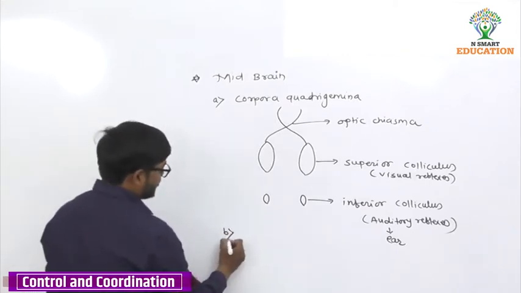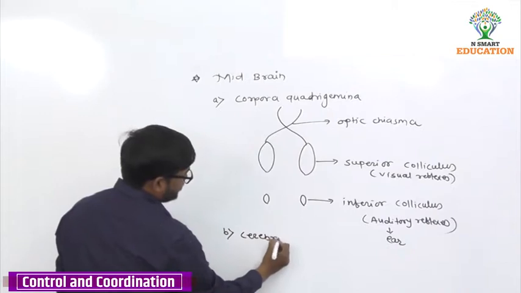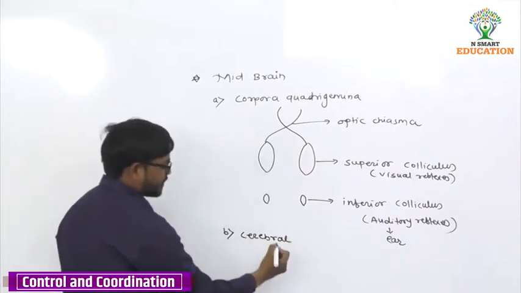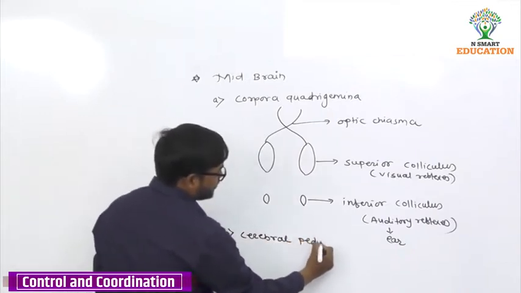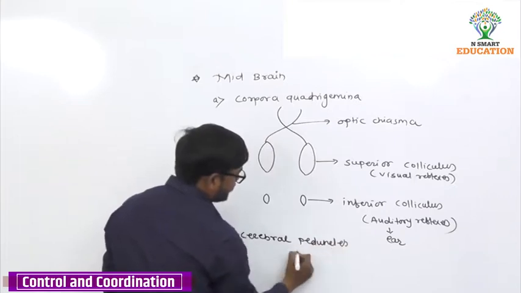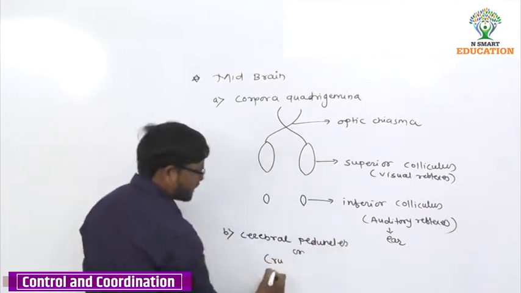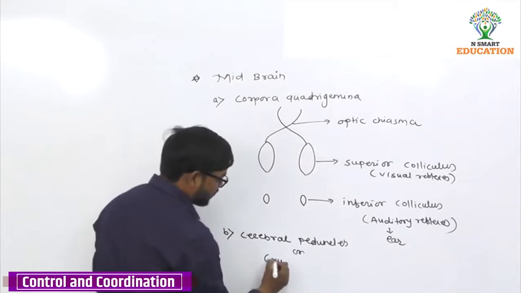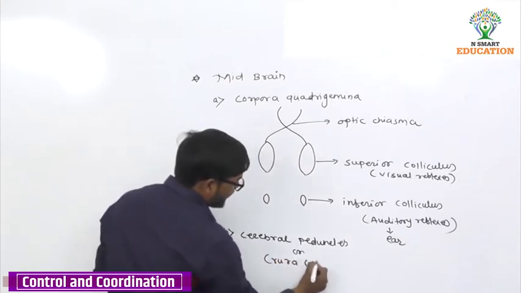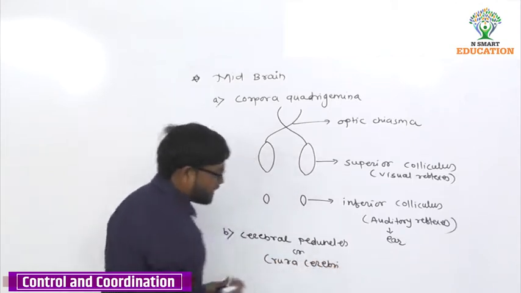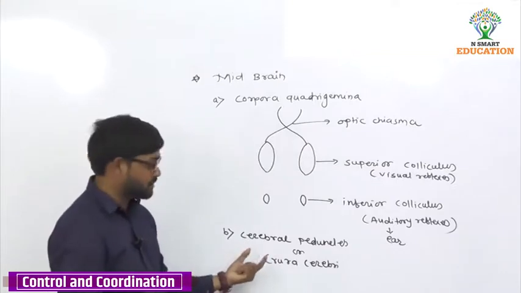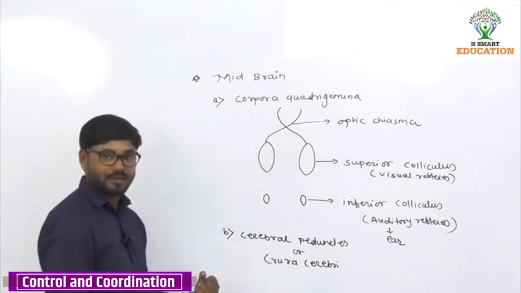तो अपन that is a cerebral पेडंकल्स, और अपन इसको ही कहेंगे, according to your HSC book, that is a crura cerebri. You know about exactly what is cerebral peduncles or crura cerebri, okay.